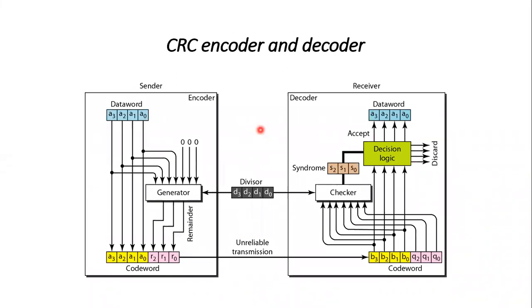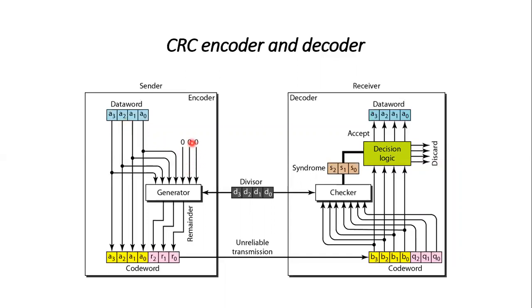So this is the figure, which shows the CRC encoder and decoder. On the sender side, the data word has 4 bits here: A0, A1, A2, and A3. The code word has 7 bits.